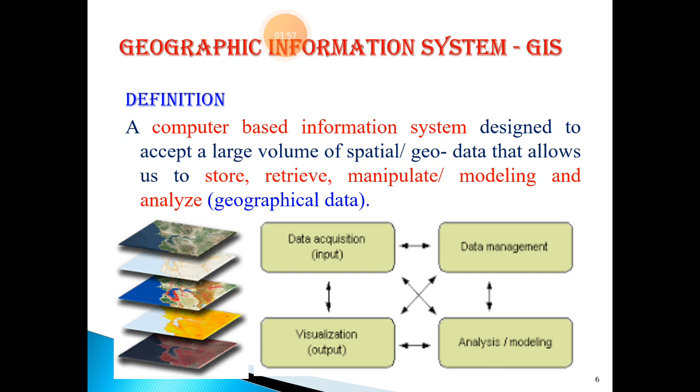So, GIS can be defined as a computer-based application wherein the geographic or earth data is collected, stored, manipulated, retrieved, or analyzed. The collection of data is by many techniques. One of them is remote sensing, which we have learnt already.